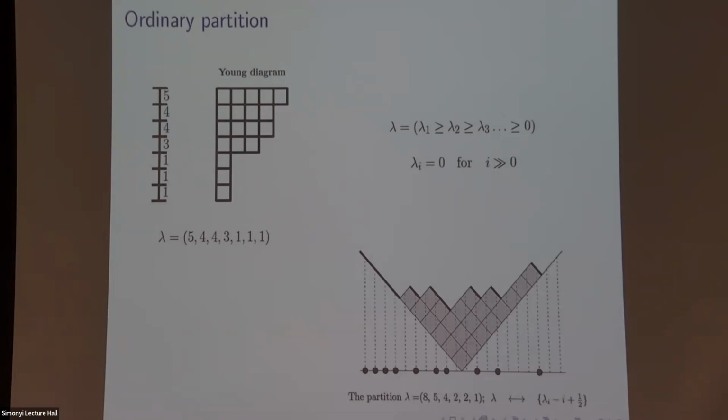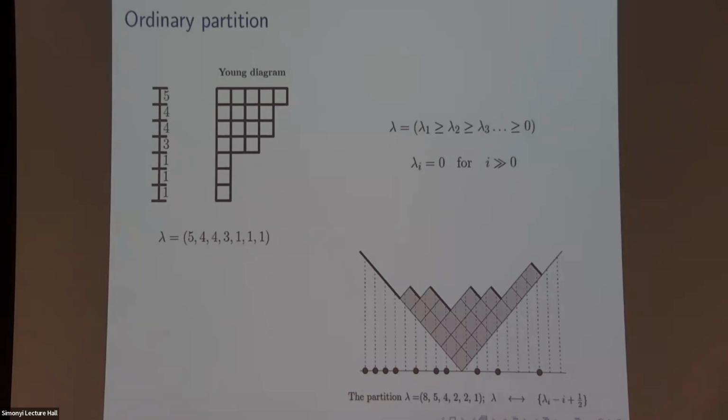And then what is the bijection between ordinary partitions and Young diagrams? The number of squares in each row of the Young diagram corresponds to the entry of the ordinary partition. And just the fact that those integers do not increase tells us that they're going to be stacked in a convex way.